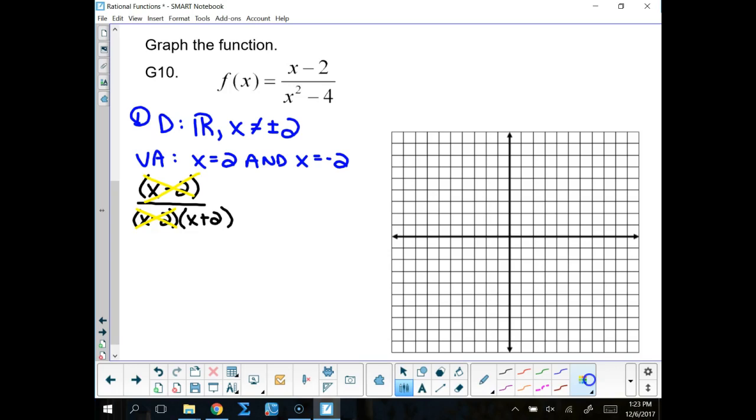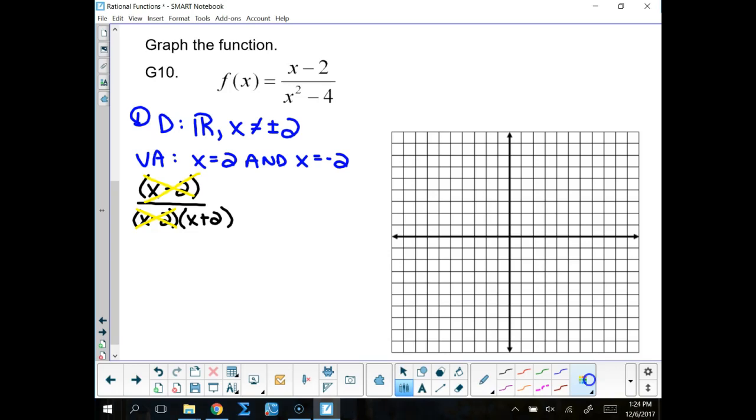So a removable discontinuity is just what we did. In here, we call it a hole. But if you go outside these four walls, it's called a removable discontinuity.